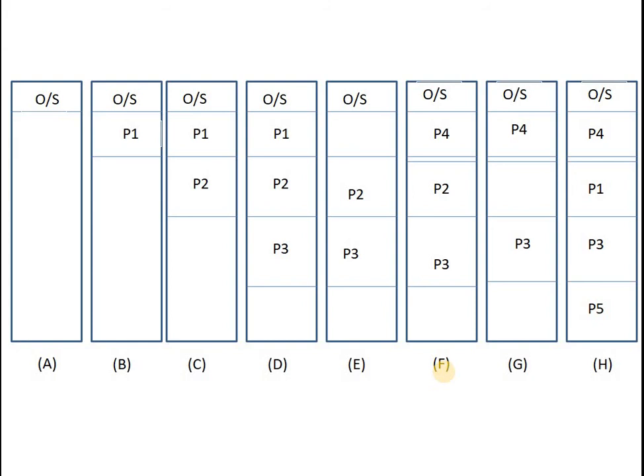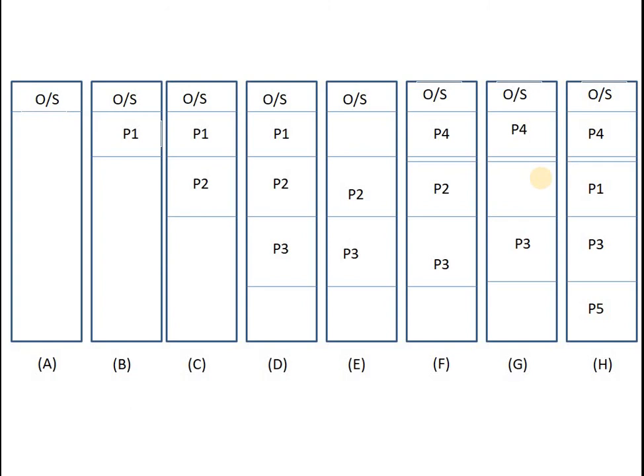After some time, P2 is terminated. Therefore, the free partition left by P2 and the space adjacent to it are combined to form a large free partition, which is shown in figure G. Now, process P1 has completed its I/O operation and a new process P5 wants to execute.